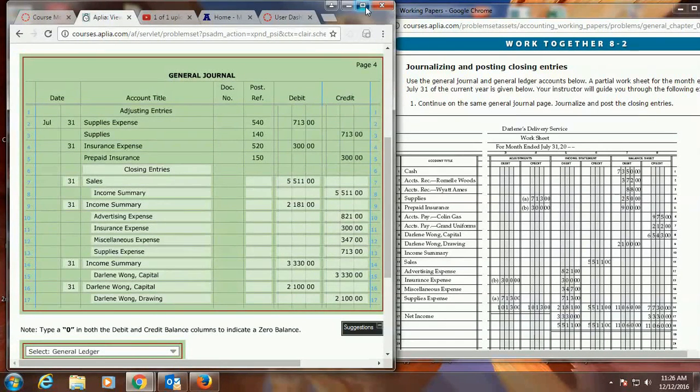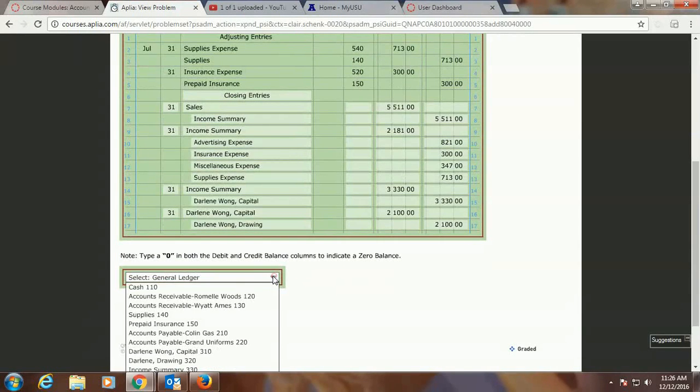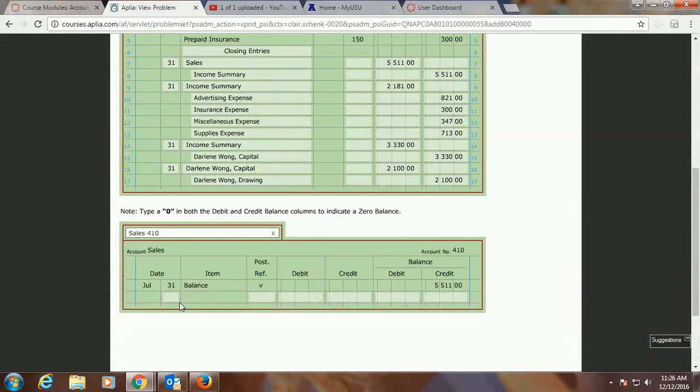So I'm going to enlarge this, and then I'm going to post the information into this. So let me start with sales. We open the ledger account for sales. And it's going to be on the 31st, and it's coming from G4, right?